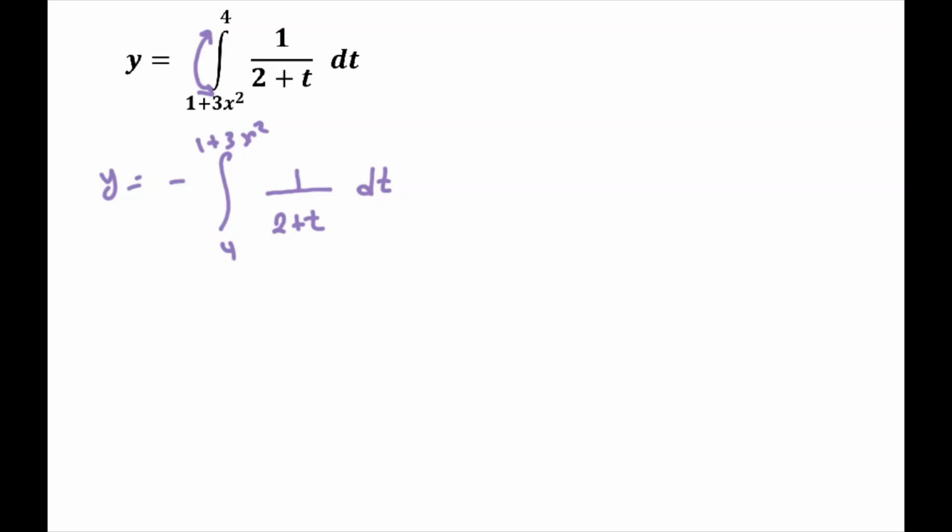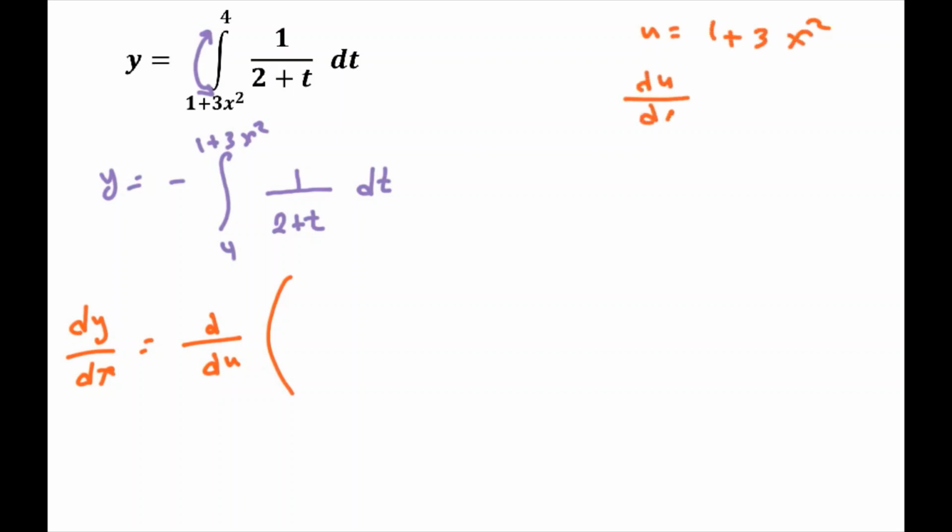Now I need to find dy over dx, and I'm going to use the substitution method, where u will be equal to 1 plus 3x squared, and du over dx equals 6x.